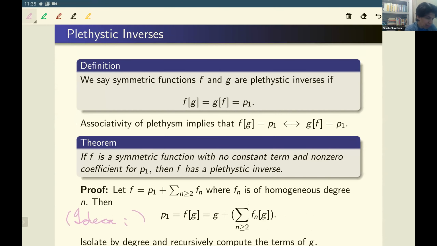What you're doing is you break up F into its pieces, summands of homogeneous degree, and then write P1 equals F of G, and use the fact that plethysm is linear in the outside variable. And then if you start isolating by degree, you can, in theory, recursively compute the homogeneous pieces of G.